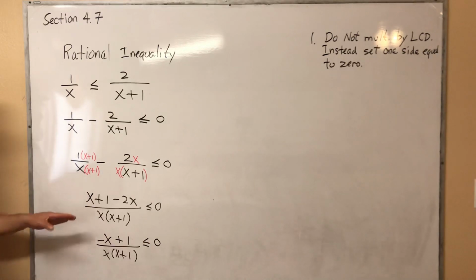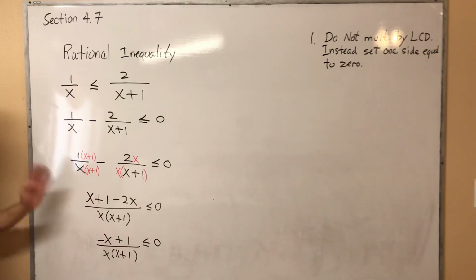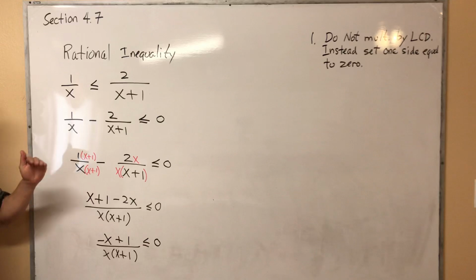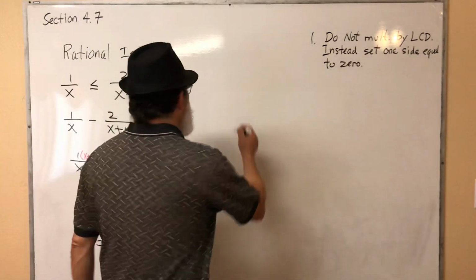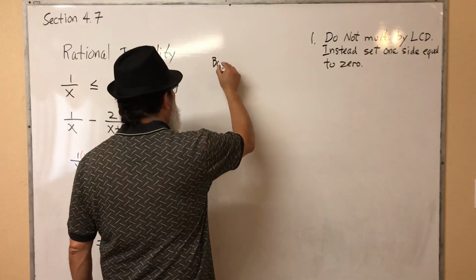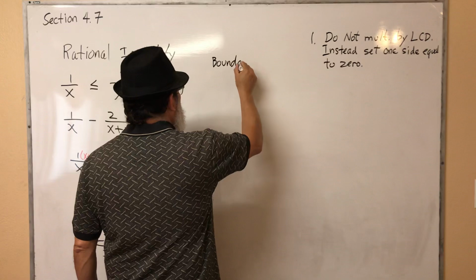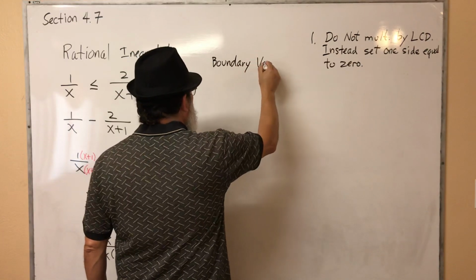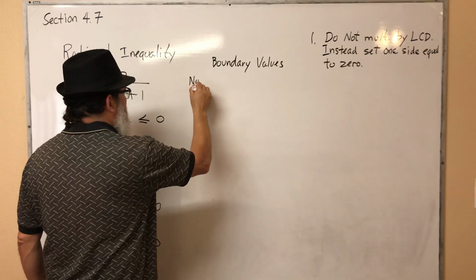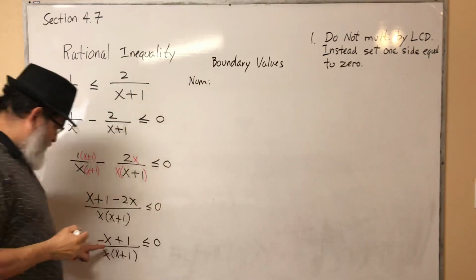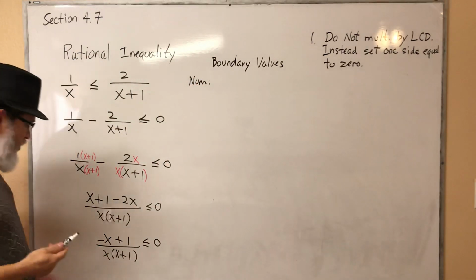Now my question is, what makes the numerator 0 and what makes the denominator 0 to find the boundary values? So now let's get the boundary values. From the numerator, set the numerator equal to 0.